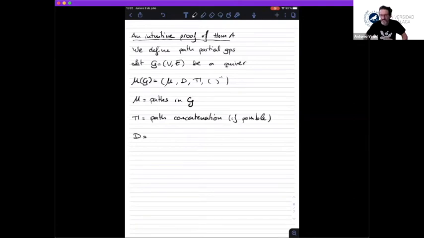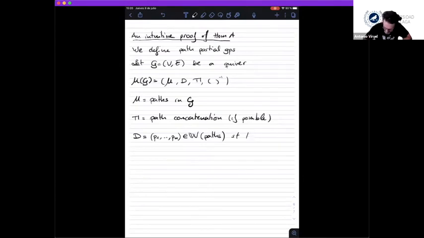So that means that D is not every word on paths. You just consider words in which paths can be concatenated. So this will be words p1, ..., pn, working paths such that they can be concatenated, right?